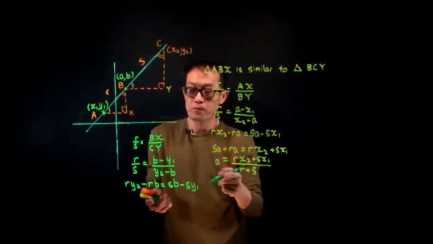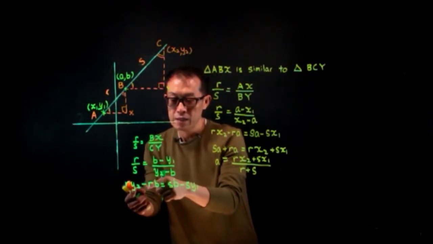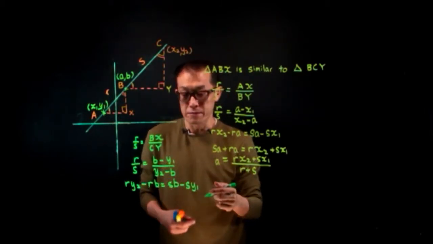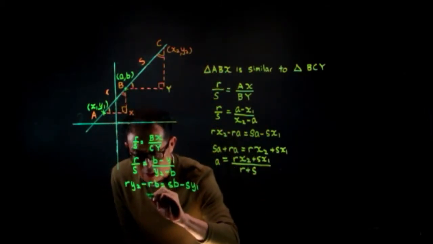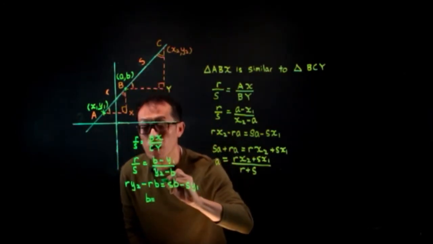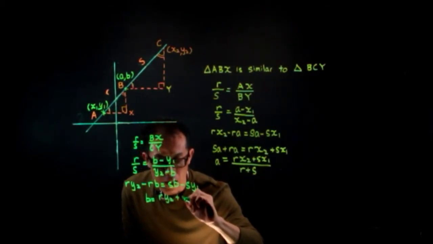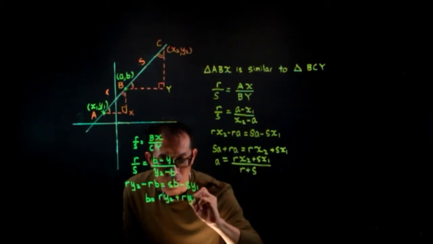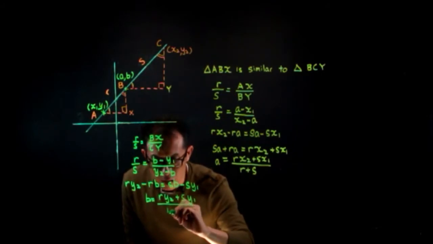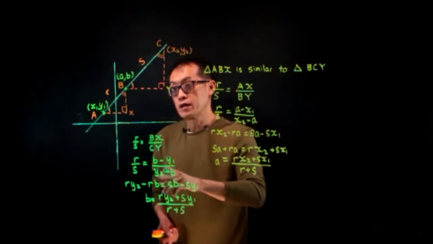Now, if you do the same thing, those with the B you bring to one side, those without B you bring to the other side and you make B the subject of the formula. You will realize that B equals RY2 plus SY1, over R plus S. Alright, so look at the formula.